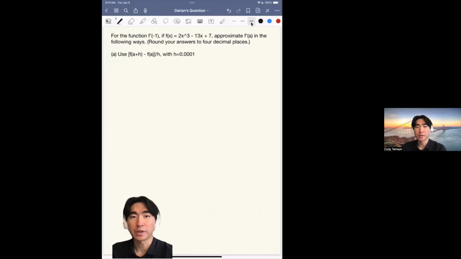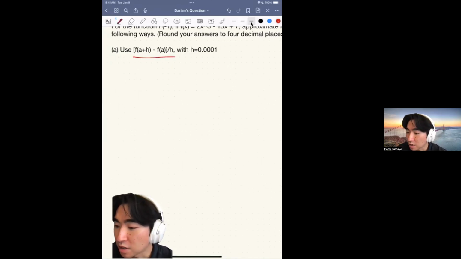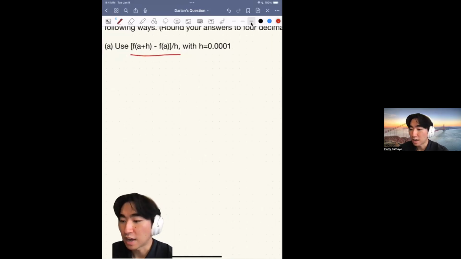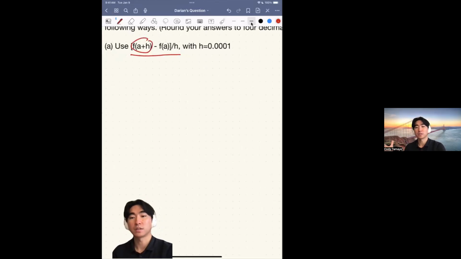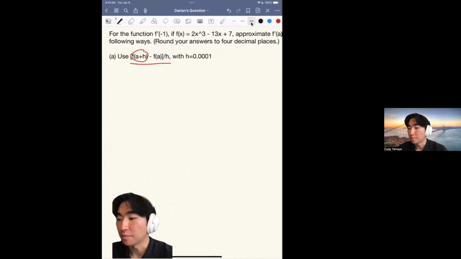So before we begin, we have to first understand what the approximation means. This approximation is called a forward approximation, such that this value here goes to the right of the actual value f of a. So just a brief recap.